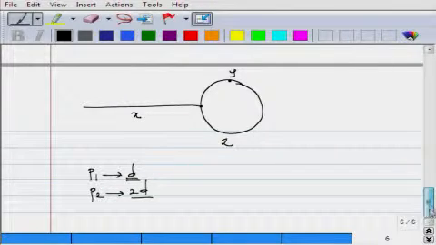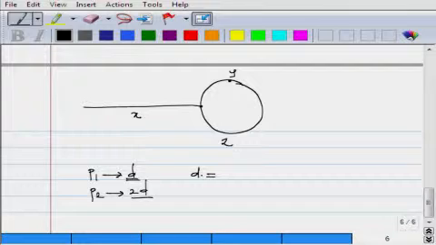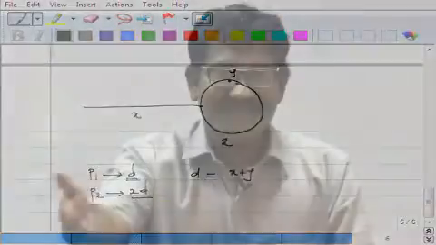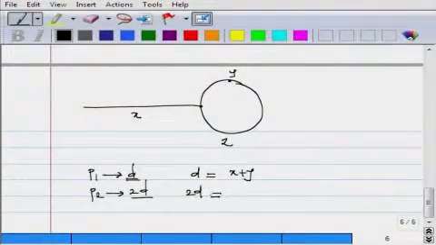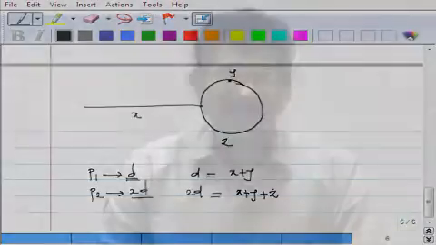Okay. So, now I will write d is equal to the distance travelled, that is x plus y, they are meeting at y. But the faster one is again coming back, means a few more distance it is travelling. So 2d is equal to x plus y plus this z, am I right?